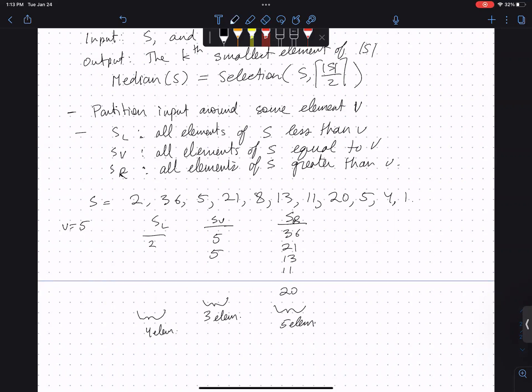So let's put this here, 4, 1, and 8 will go in this bucket here, right before 21. So 36, 5, good. Thanks for the catch. 21, 8, 13, 11, 20. So this is now 6 elements. And this is now only 3 elements.